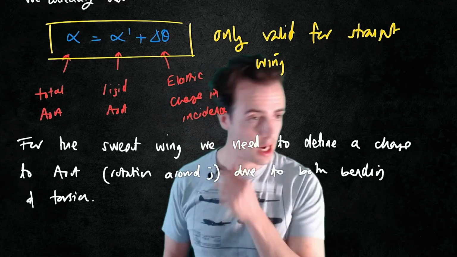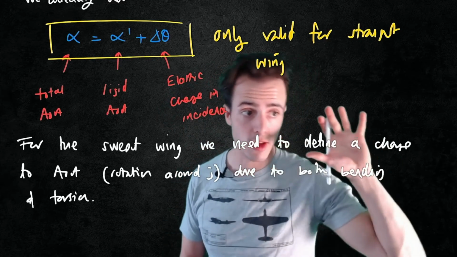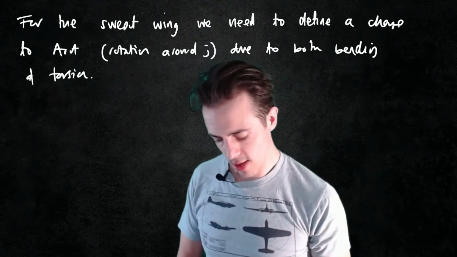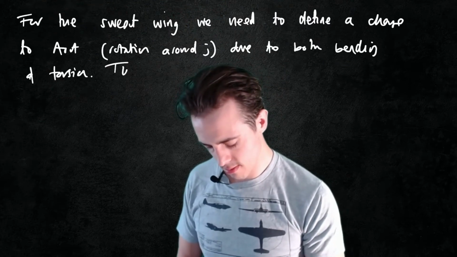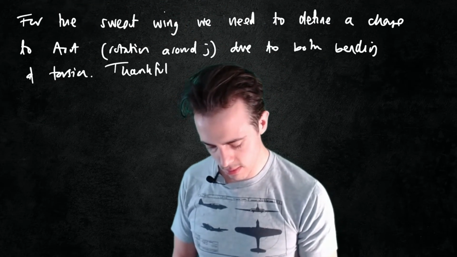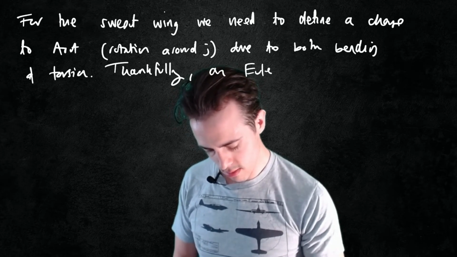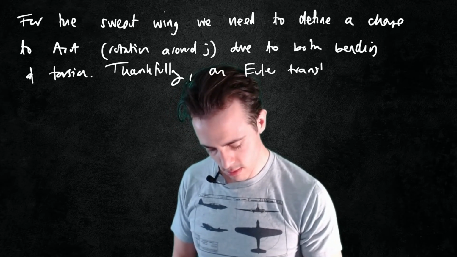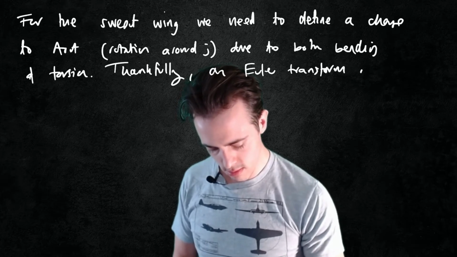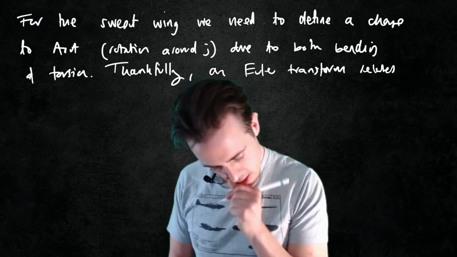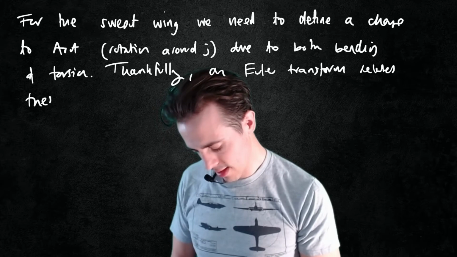And thankfully, our old friend, the Euler transform, with which you're going to get very familiar next year, will help us. So thankfully, an Euler transform relates these easily. So let's do a quick Euler transform.